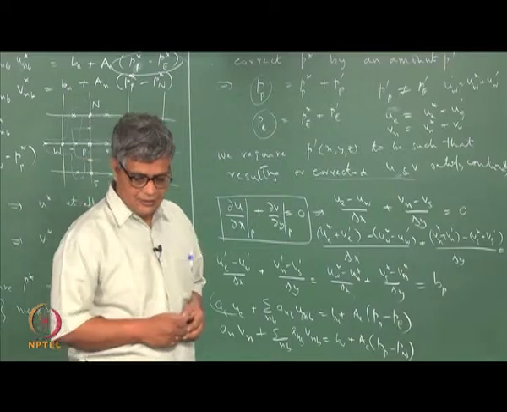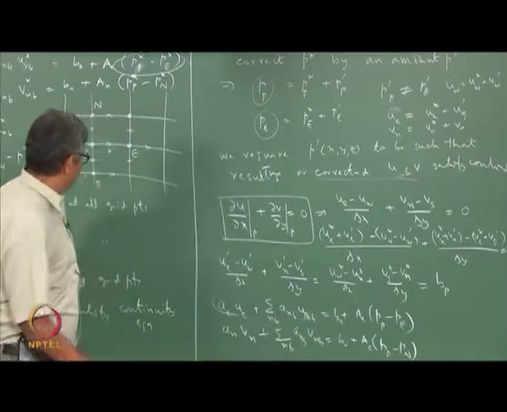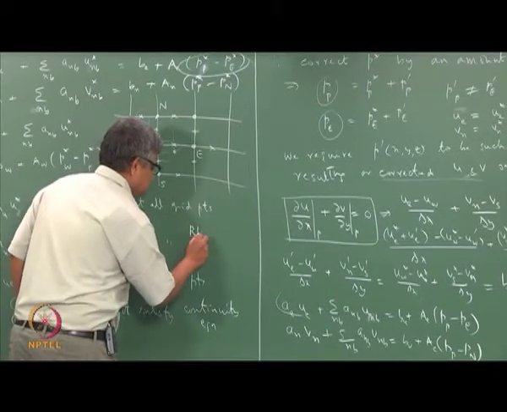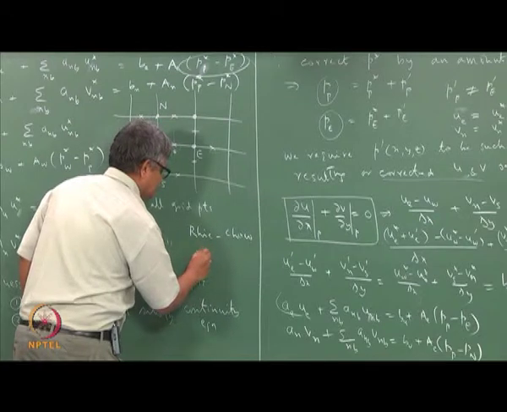There is an interpolation scheme to get the velocity at this point, which is known as the Rhie-Chow interpolation scheme.